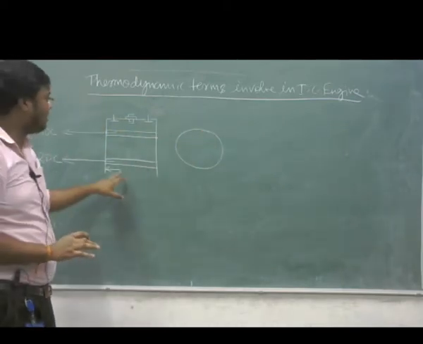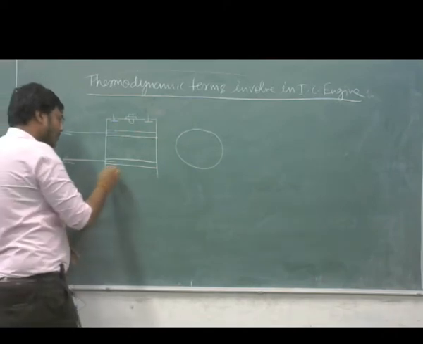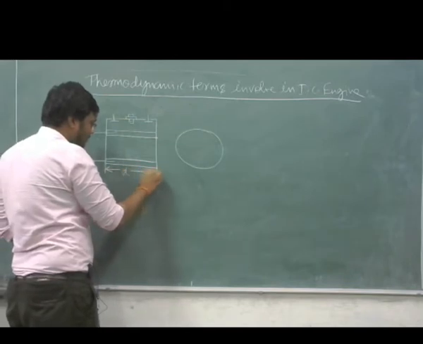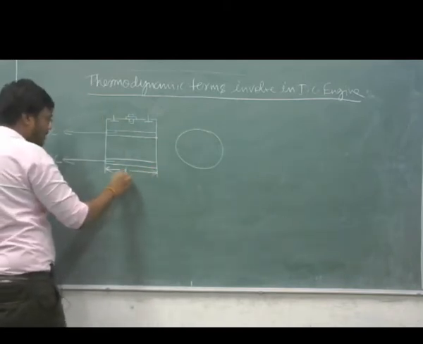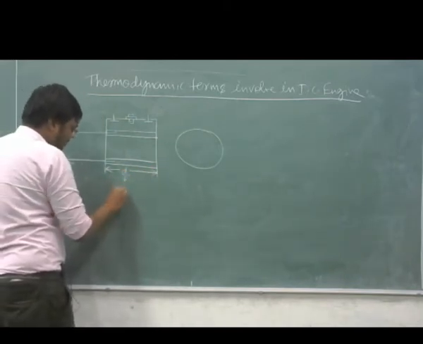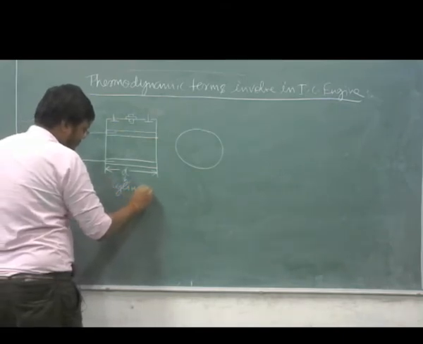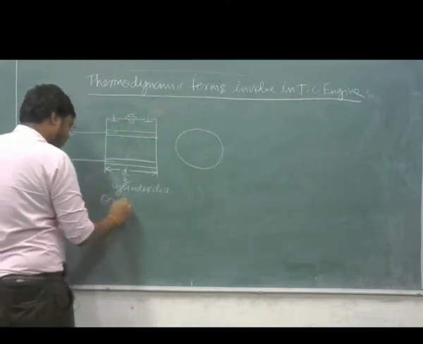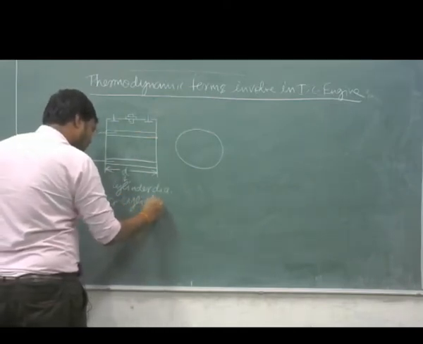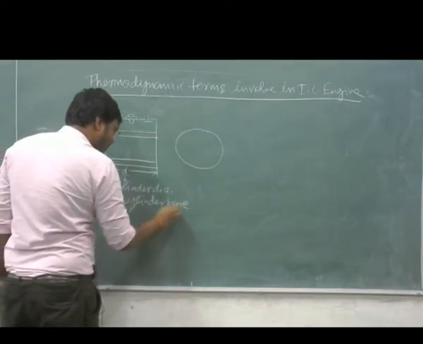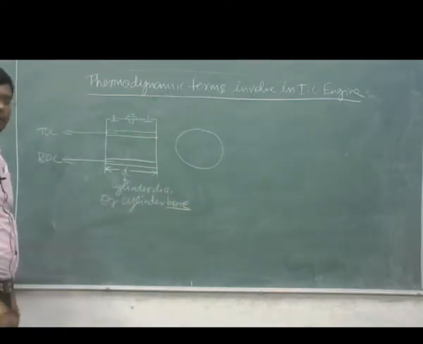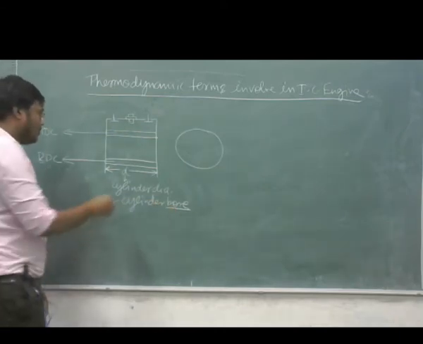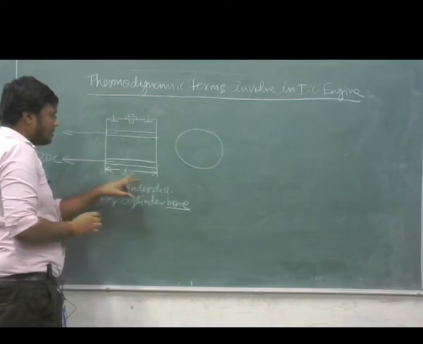That diameter is known as cylinder diameter, which is represented by small d. Small d is known as cylinder diameter or cylinder bore. Bore means diameter. So this is the first term, cylinder diameter.